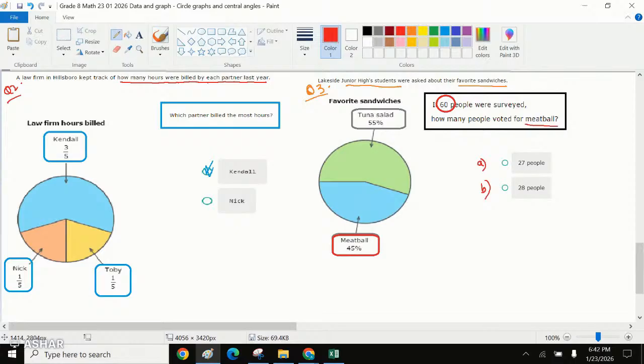The students who selected meatball were 45% of the total. And we have been given the value of the total, right? Yes, thank you. 27 is the correct answer.